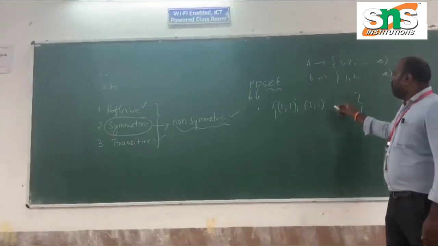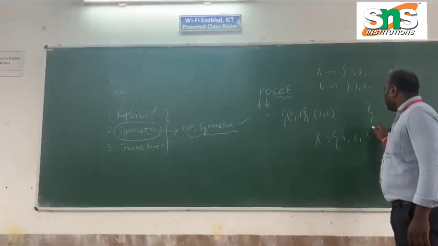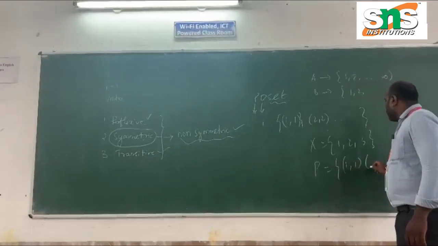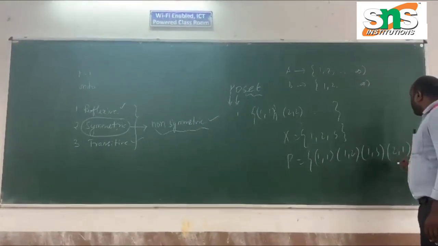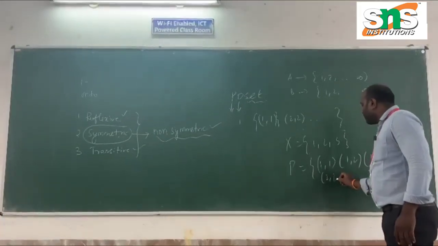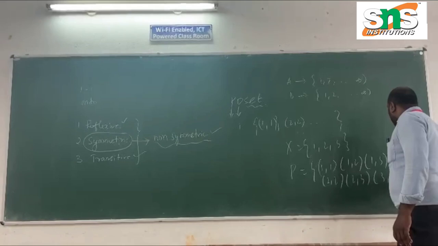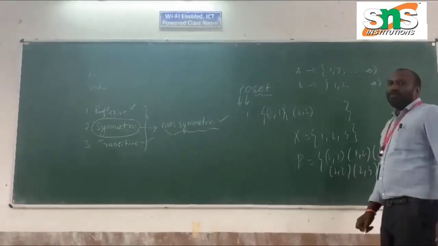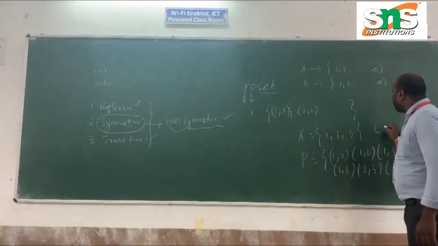For example, if X is 1, 2, 3, the pairs are 1,1, 1,2, 1,3, 2,1, 2,2, 2,3, 3,1, 3,2 and 3,3. In this power set, X is 1, 2, 3, and so on, including the empty set.